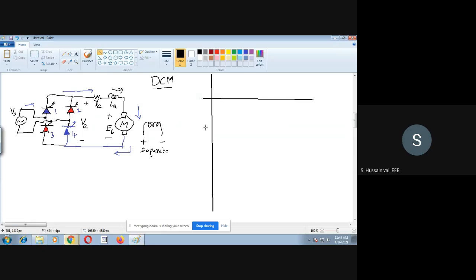In discontinuous conduction mode also we will draw all the three waveforms: supply voltage waveform, output voltage waveform, and current waveform.